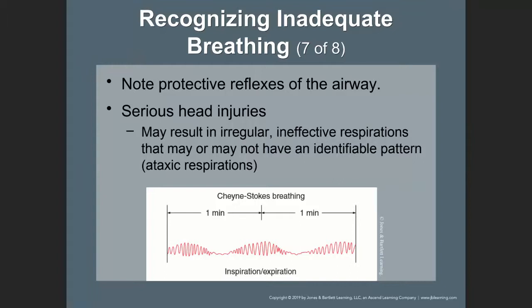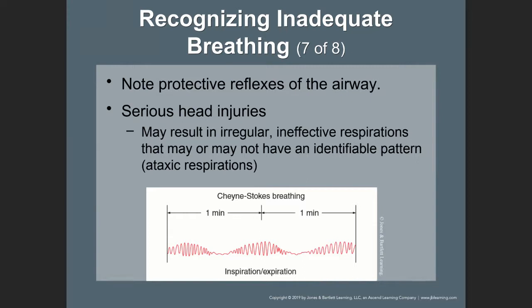Now, serious head injuries may result in irregular, ineffective respirations that may or may not have an identifiable pattern. That's ataxic respirations. So ataxic respiration is when a patient has a serious head injury that causes an irregular breathing pattern. There is no identifiable pattern to the breathing. It's irregular. That's ataxic.